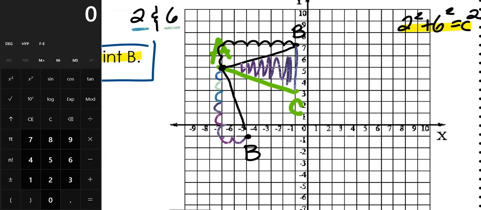Now if I connect A and B together, I see another triangle where again AB and AC are the same length. B can also be at (-5, -1). In fact, there are many choices for B. As long as you have 2 and 6 as your movements, you're going to end up with a point for B that makes AB and AC the same length.